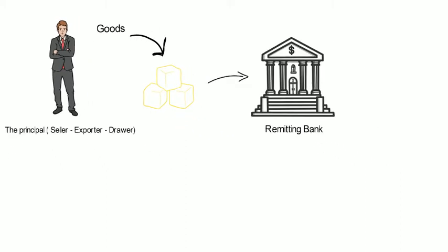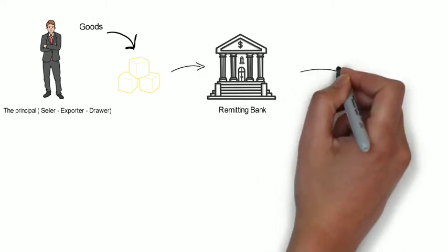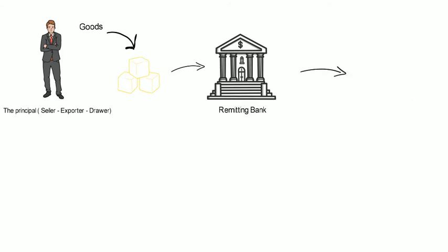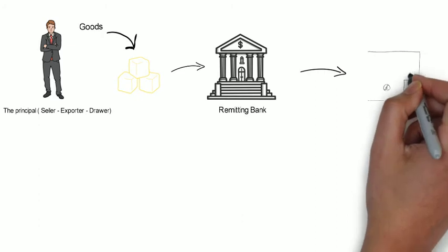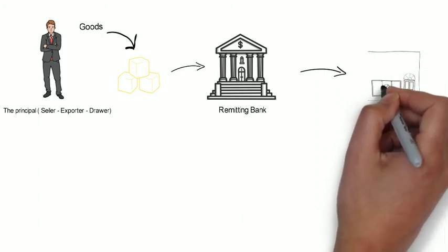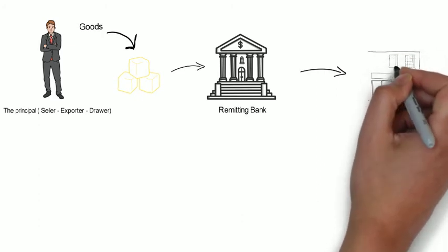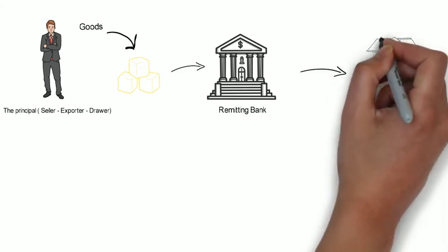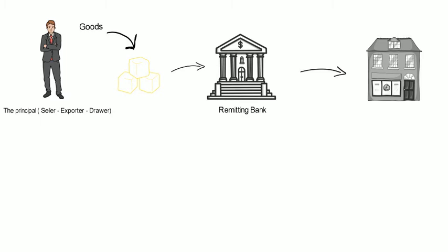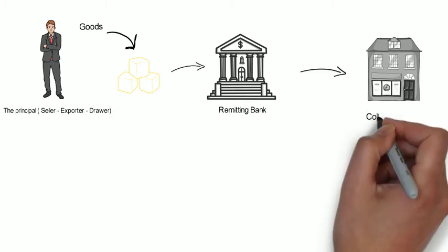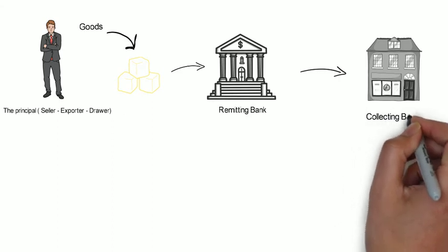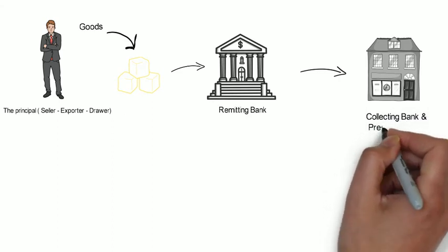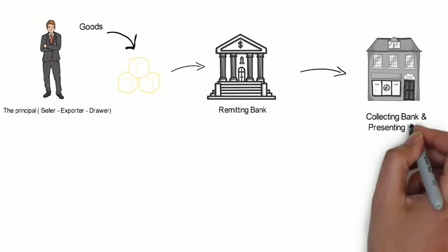The presenting bank is the bank that presents the documents to the buyer for payment or acceptance as per the collection instructions. Upon receipt of payment from the buyer, the presenting bank will pay the net proceeds to the collecting bank, which will in turn pay the remitting bank after deducting its own charges.